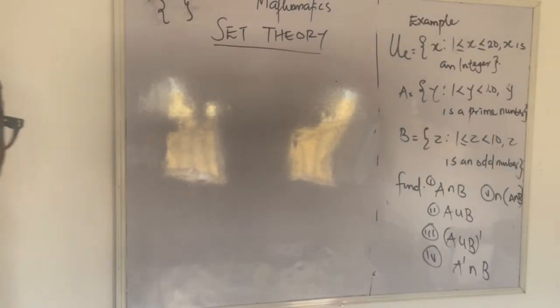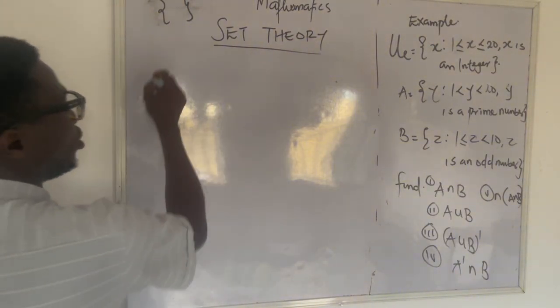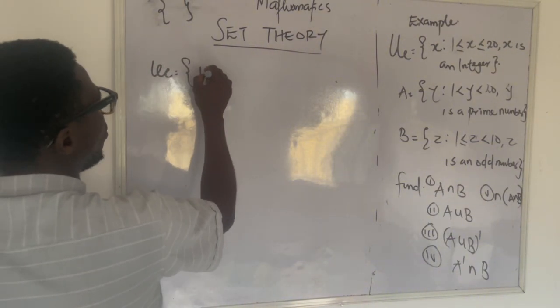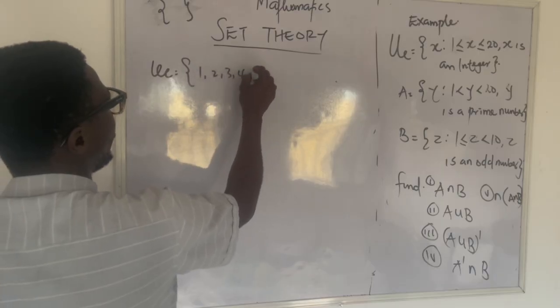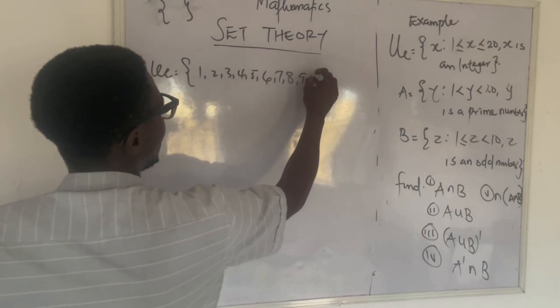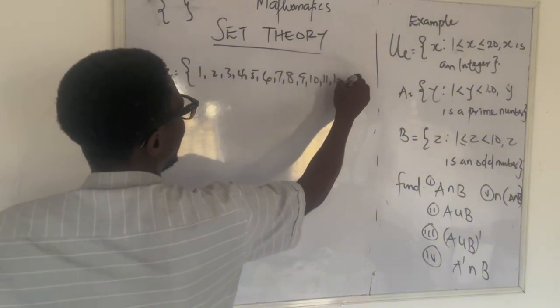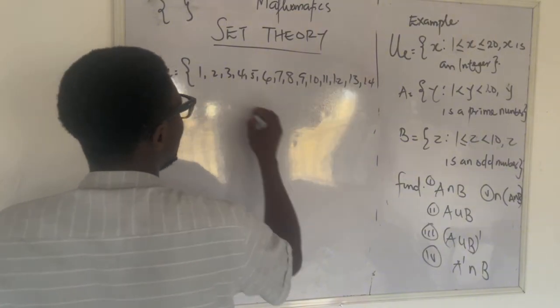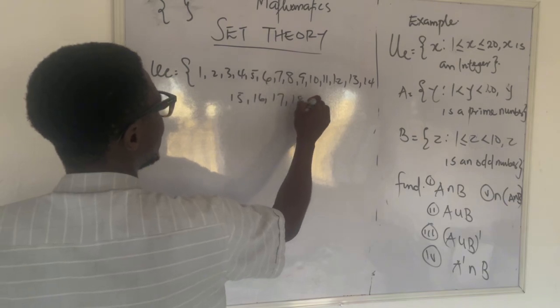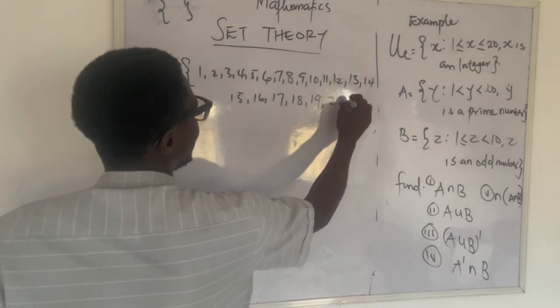But 10 is not an odd number. So now we just quickly list it out. 1, 2, 3, 4, 5, 6, 7, 8, 9, 10, 11, 12, 13, 14, 15, 16, 17, 18, 19, 20.